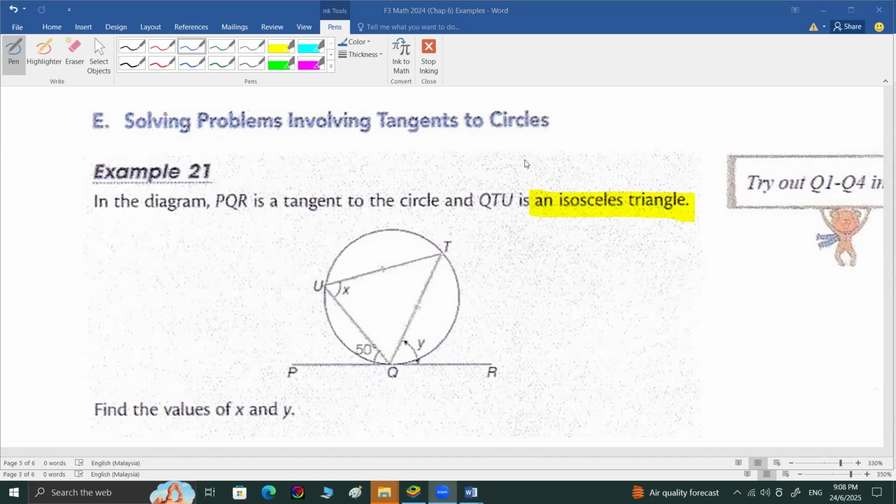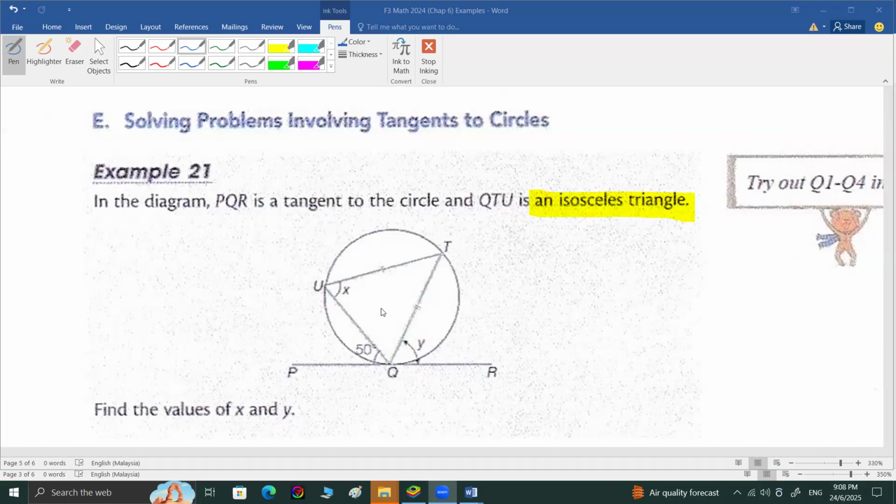Okay, class, get ready, yeah? Okay, all ready? Look at my example 21. Then later you try 6.3b, yeah? Okay, ready, class?